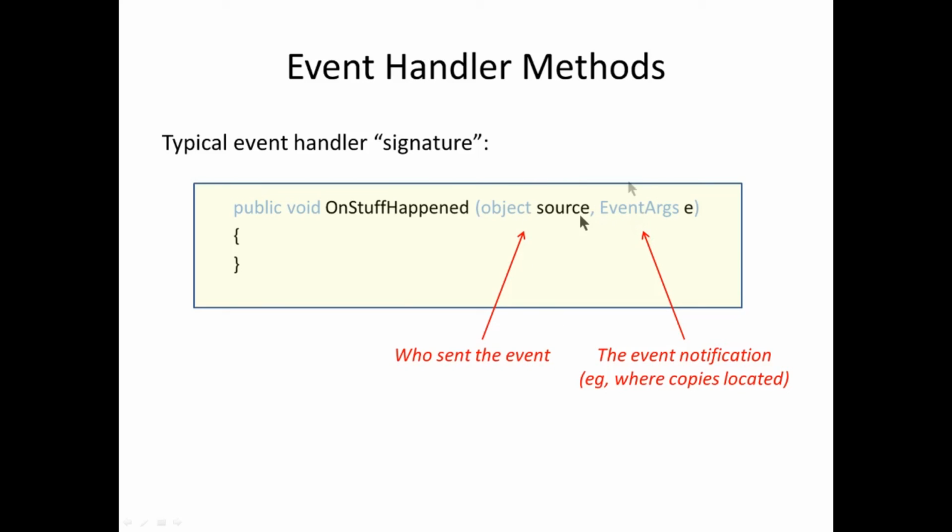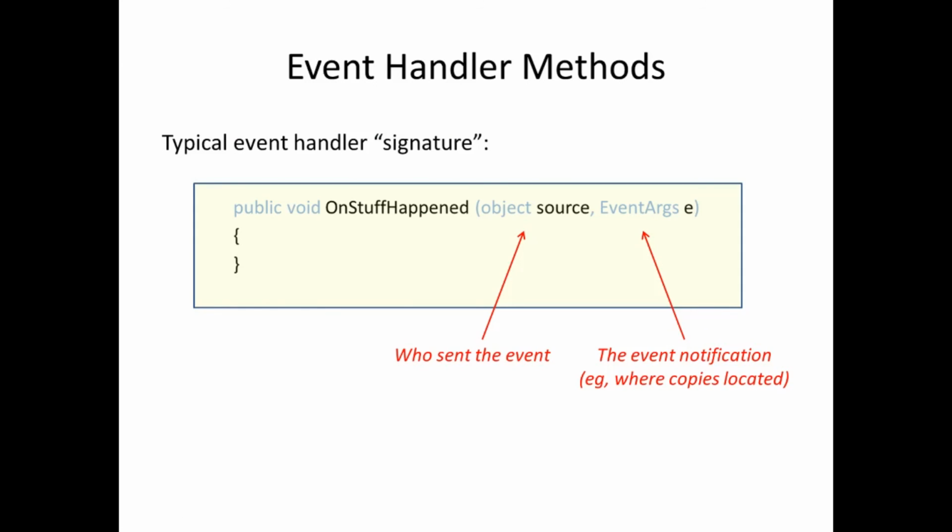Well, you can feed this event handler with not only who sent the event, but also the event itself and more information like where the copies are located. So you can feed this event handler with typically who sent the event, and also the event itself, which is this event args, and some other information associated with it.